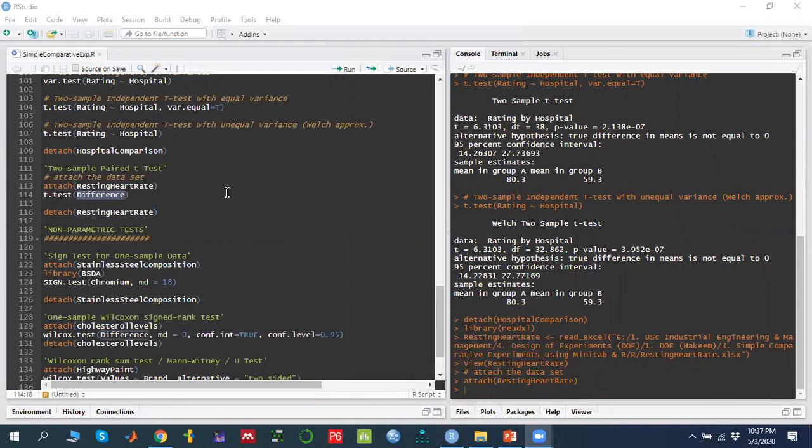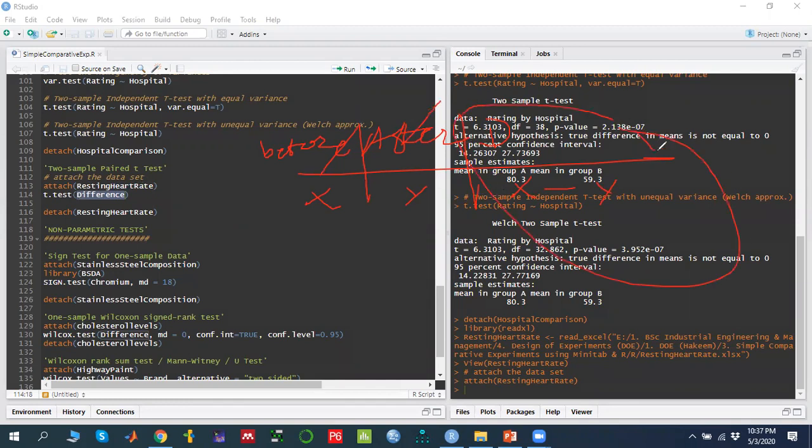We have the resting heart rate data before the running program and after the running program, and then we have computed the difference. That is, if this is the x and this is the y variable, we compute x minus y. So we can use this data set in order to test whether the running program is effective or not effective.